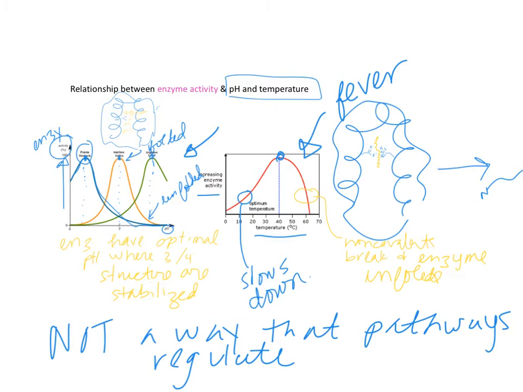High temperature unfolds a protein, low temperature just slows it way down, and then you really don't adjust the pH too much unless you have ketoacidosis or too much lactic acid buildup. But I did want to bring them up so that you had a little review from before, and I thought that maybe you would think, oh yeah, I do get that.